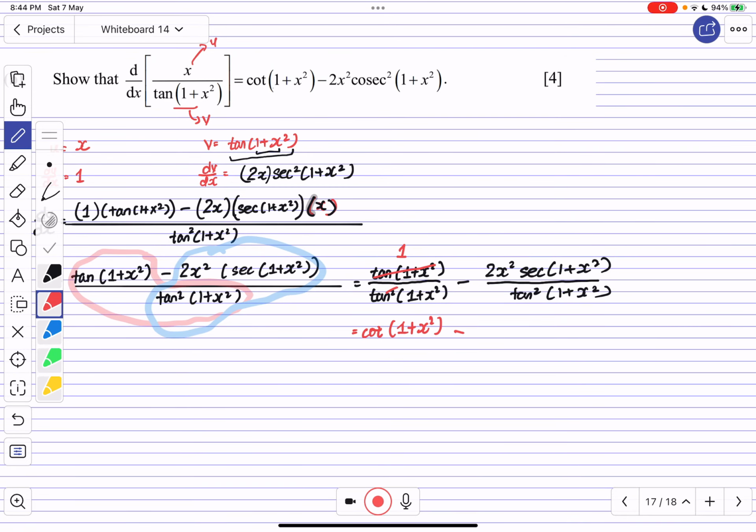A good way to do proving is to change everything to sine and cosine. So I'm going to change tangent squared to sine squared over cosine squared.